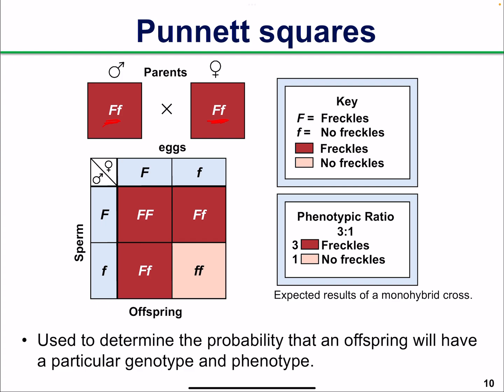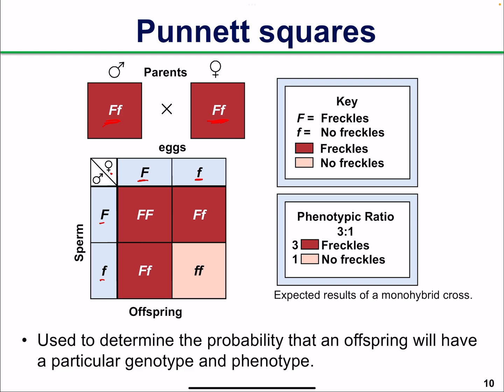Now, we are going to ask the following question. Mom is going to produce what kind of eggs? Well, some eggs are going to contain capital F. Some eggs are going to contain lowercase f. We are going to ask the same question for dad. Sperm cells are going to carry what kind of alleles? Capital F and lowercase f. Remember, mom is heterozygous, dad is heterozygous.